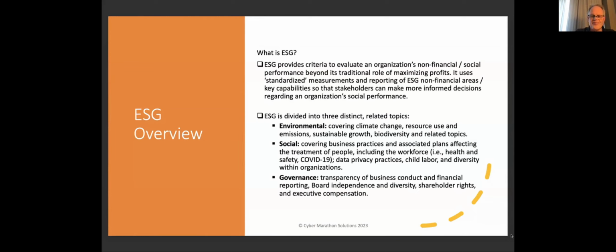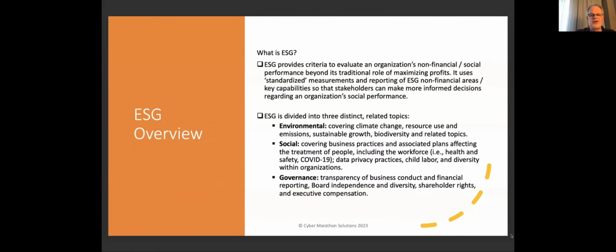Governance. When we talk about governance, we're really talking about visibility and transparency into how businesses conduct their affairs, their financial reporting, the constitution of their boards, whether they have implemented policy around diversity and executive compensation.